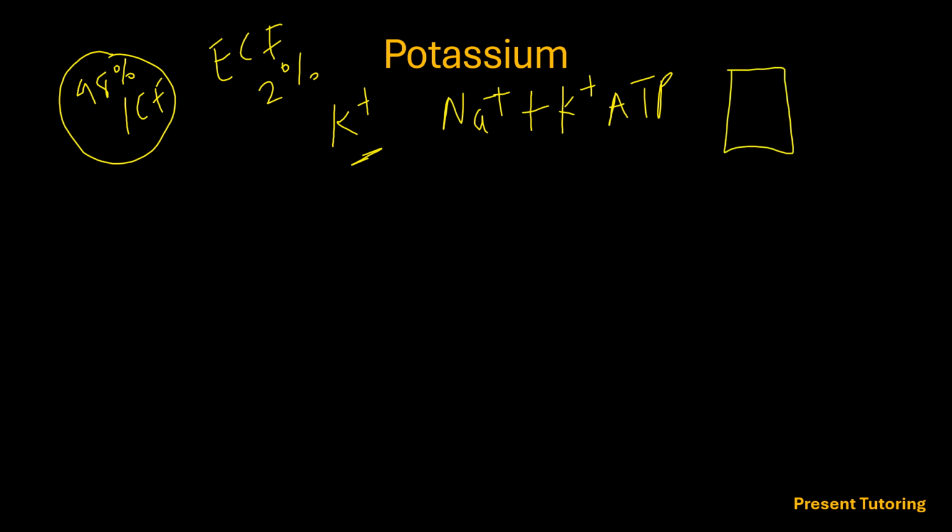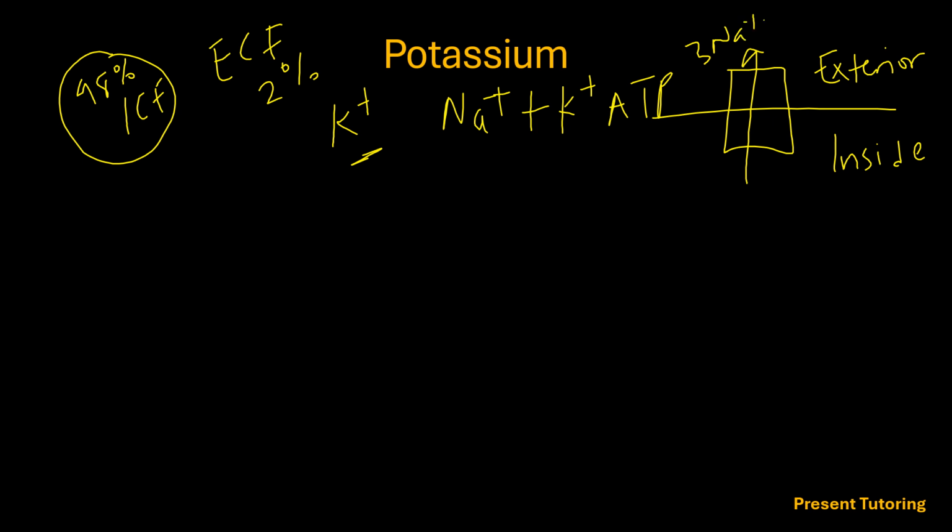Because what it does is that if this is the inside of the cell, and if this is the outside, exterior, what this pump will do is that it will use the energy from ATP to pump out 3 sodiums, and then it will pump in about 2 potassiums.